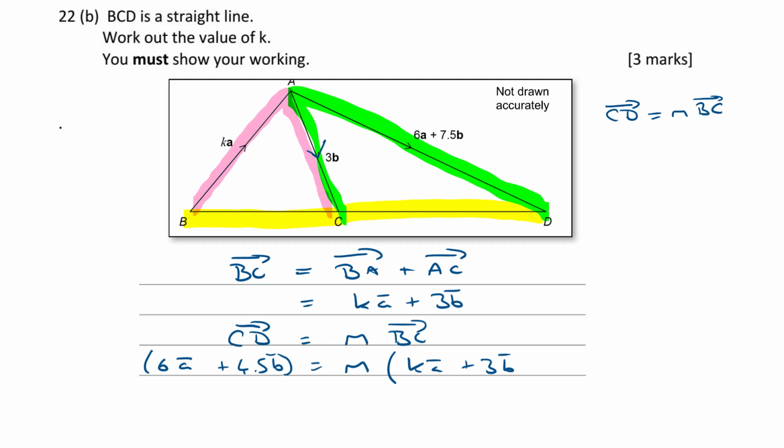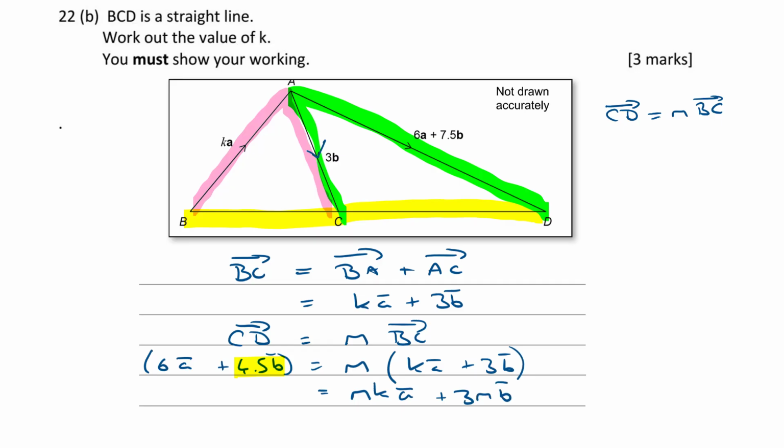Now we can compare like with like. We can multiply this out if we want to, that might be easier to see. Let's just multiply that bit out. It equals mk lots of a plus 3m lots of b.